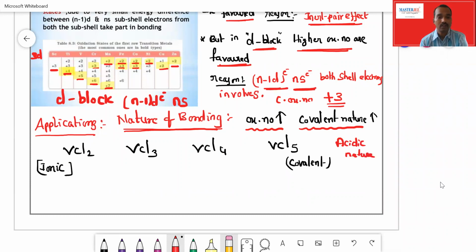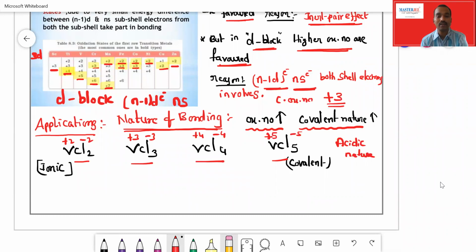Now see here, vanadium dichloride, vanadium trichloride, vanadium tetrachloride, vanadium pentachloride. In these cases, this is minus 2 with plus 2, minus 3 with plus 3, minus 4 with plus 4, minus 5 with plus 5.